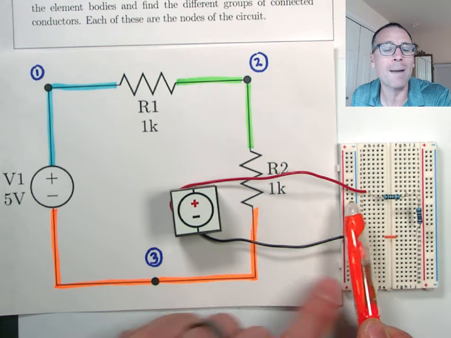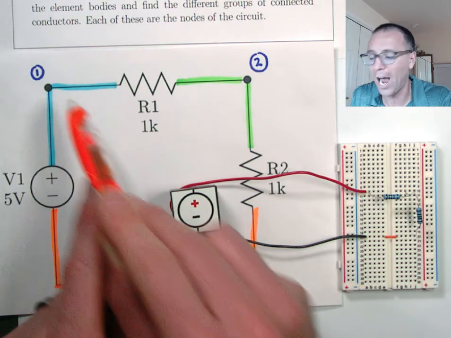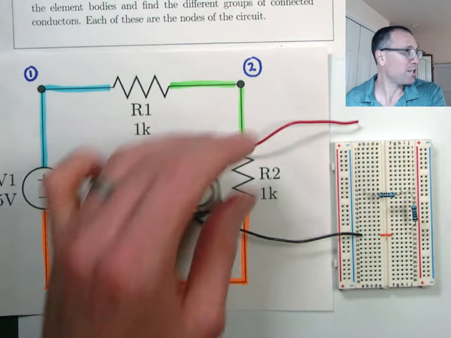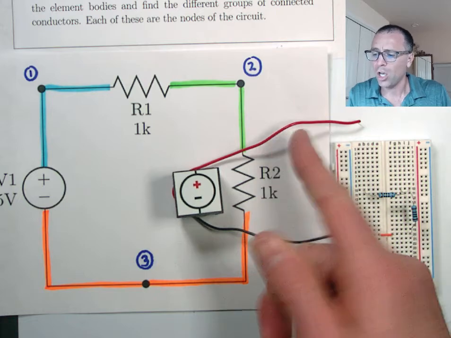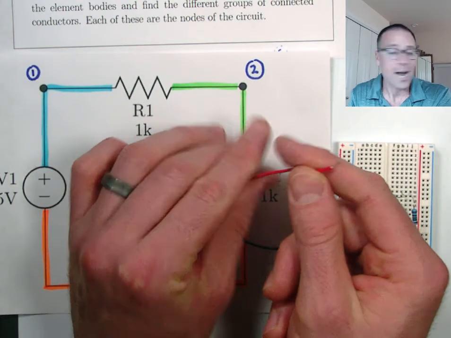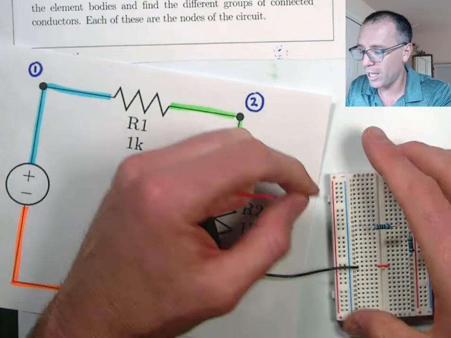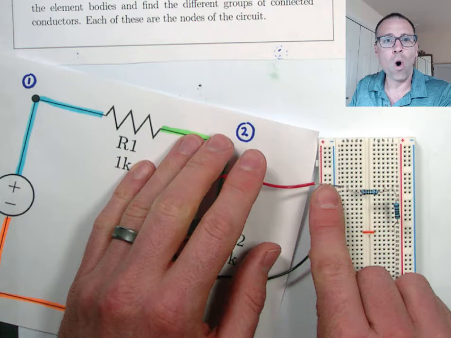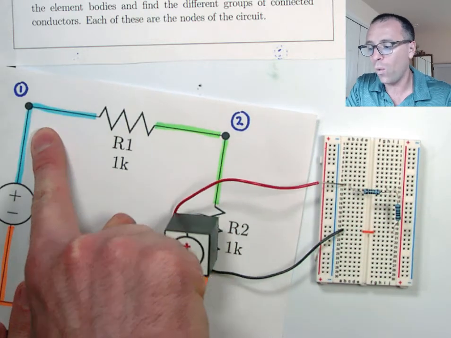If I wanted to put the positive lead of my multimeter, I could put it anywhere along that wire. Now, the actual conductor inside that voltage source wire is not shown, but if I just strip it, there's that wire. Now literally all of that wire underneath in this contact strip is node 1.